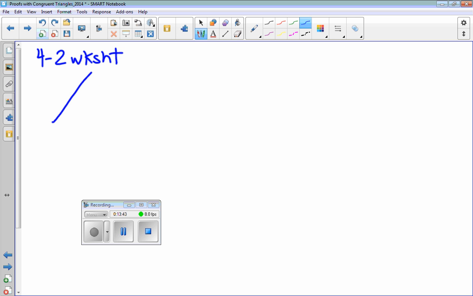We're going to draw a triangle MGT. GM and MT include angle M. Which sides include T? TM and GT. Which angle is included between GT and MG? That'd be angle G.